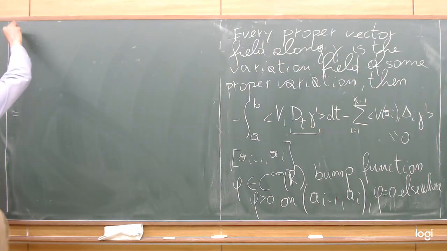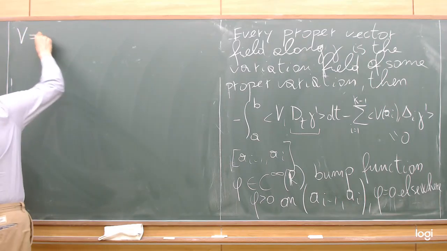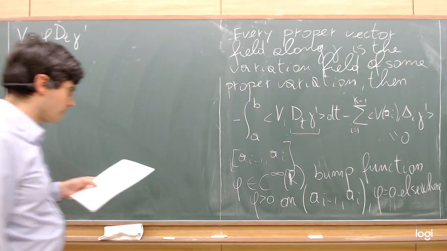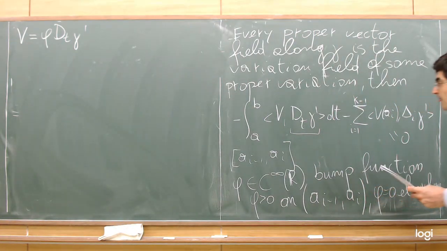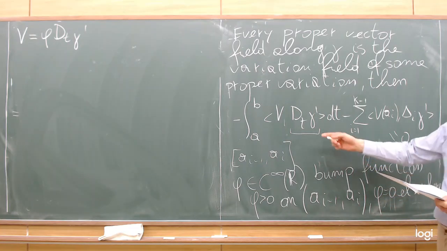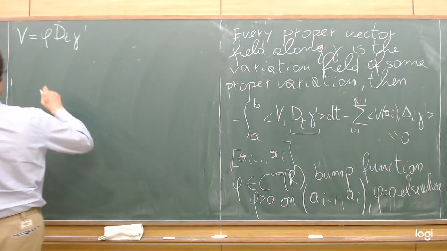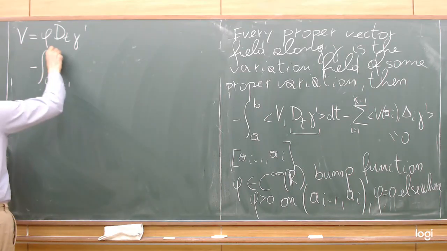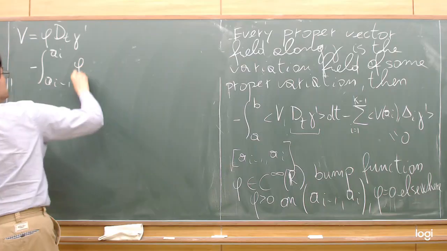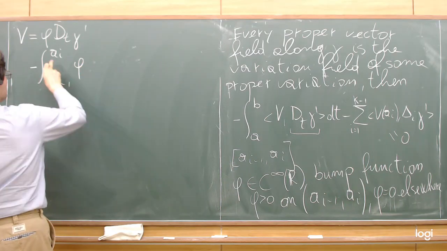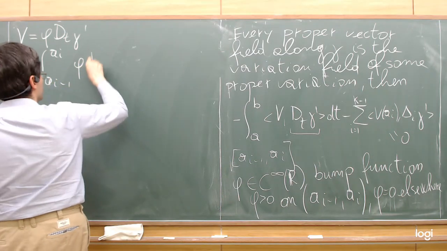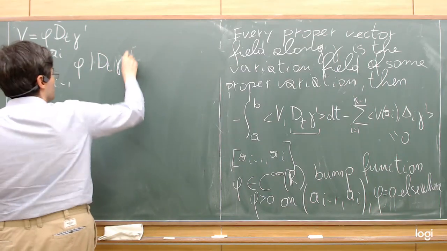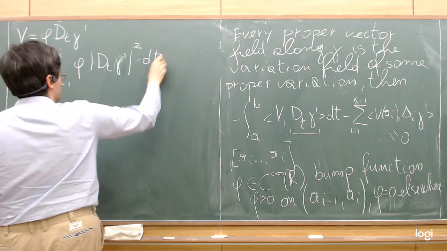Then we can choose V to be phi D_t gamma prime, and this reduces to minus the integral from a_{i-1} to a_i of phi times the norm squared of D_t gamma prime dt.